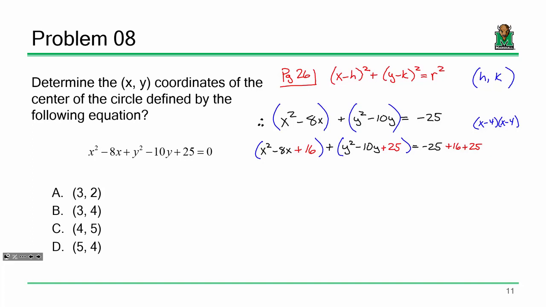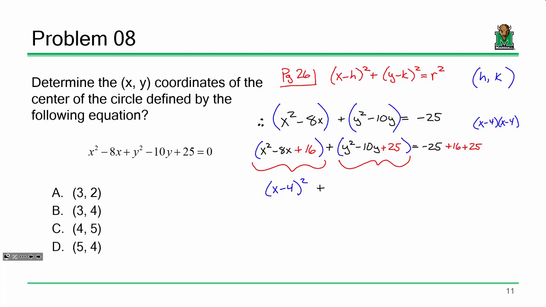So this first term right here, how can I write that in a more simplified fashion? If I factored that, wouldn't we agree we would get x minus 4 times x minus 4? So wouldn't that be x minus 4 squared? What about this one?